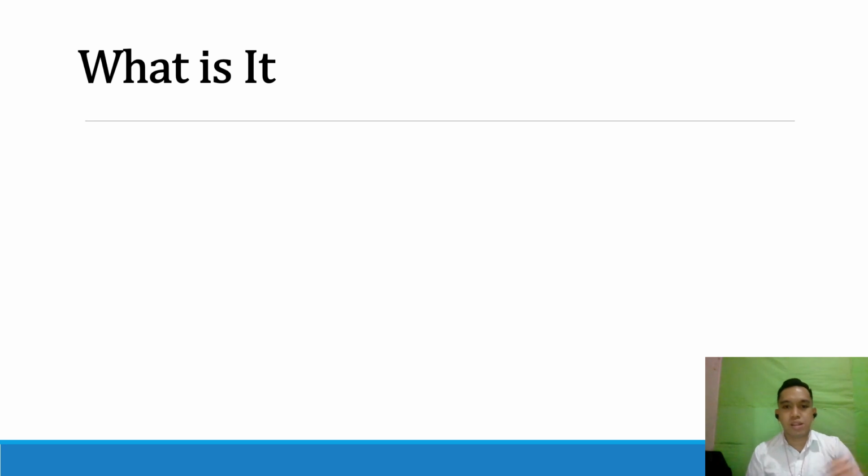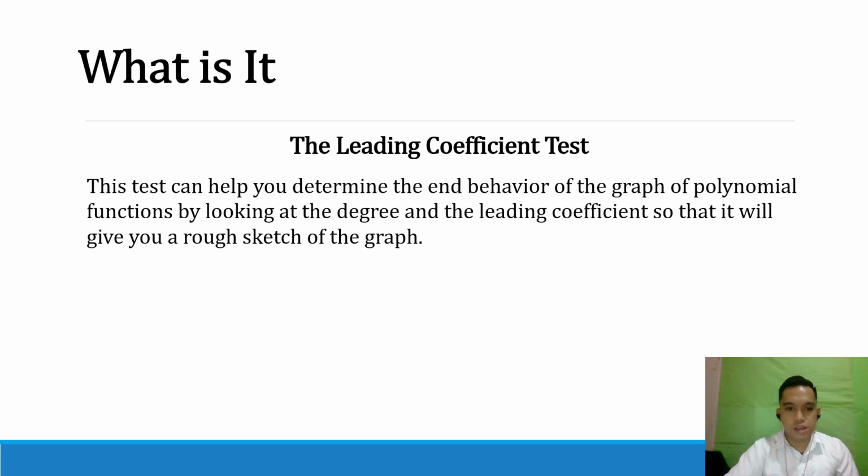So the activity that you have just answered will lead you to the new topic, which is the leading coefficient test. So let's start by reviewing the definition of a polynomial function that you have learned in the previous topic. So we have here the leading coefficient test.